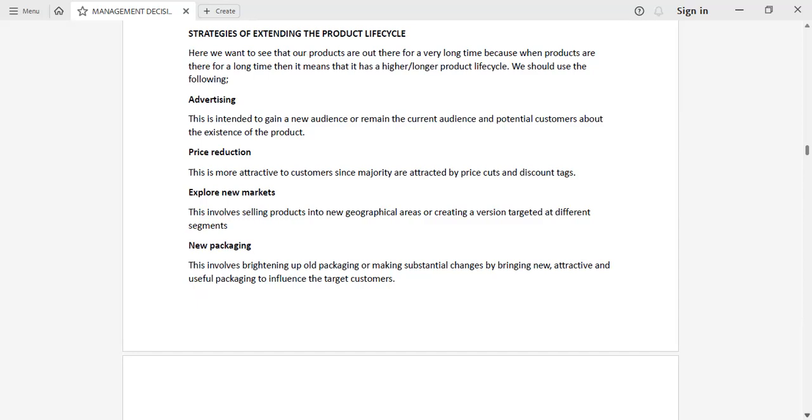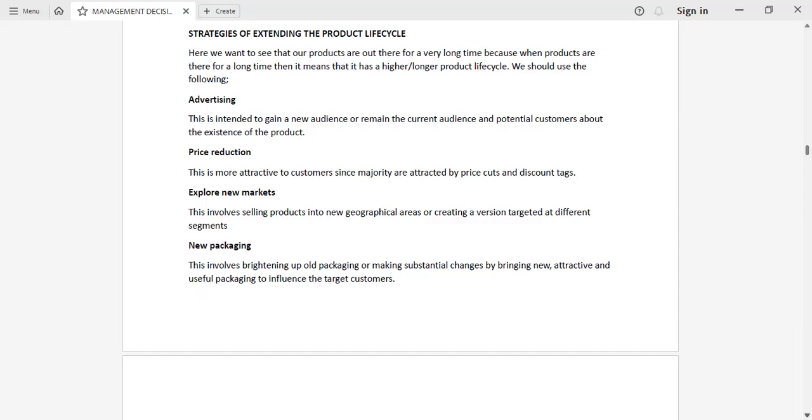The second one is price reduction. Price reduction is more attractive to customers since the majority are attracted by price cuts and discount tags. Most of these people buy products in the supermarket. You find that the supermarket will attract more customers when they have given certain discounts.